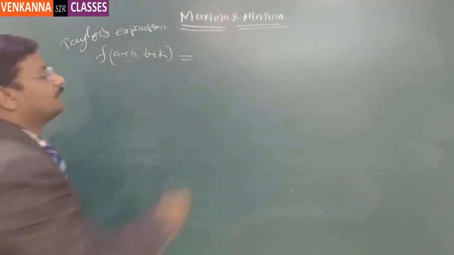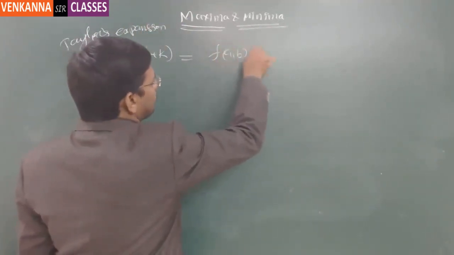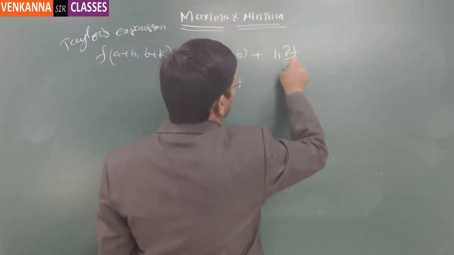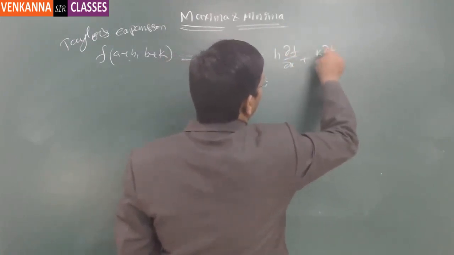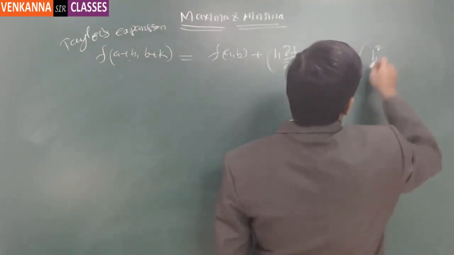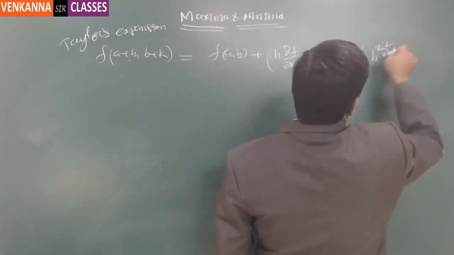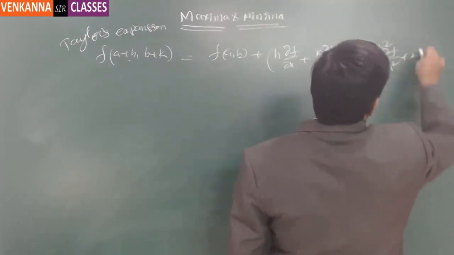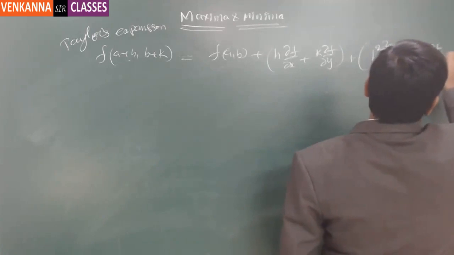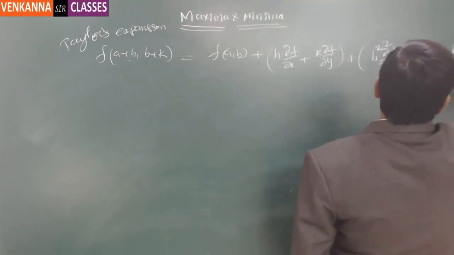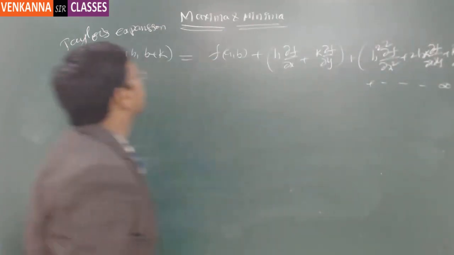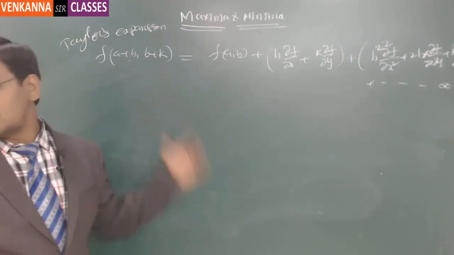So this Taylor's expansion will be f(a, b) plus h into ∂f/∂x plus k into ∂f/∂y plus 1/2! times (h² ∂²f/∂x² plus 2hk ∂²f/∂x∂y plus k² ∂²f/∂y²) plus so on up to infinity. And this is the Taylor's expansion of this particular function, right?